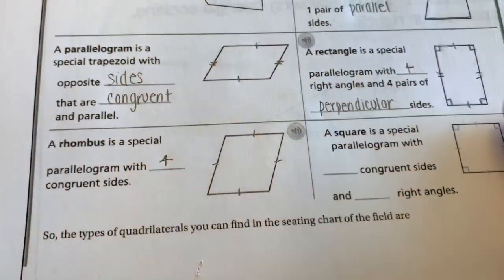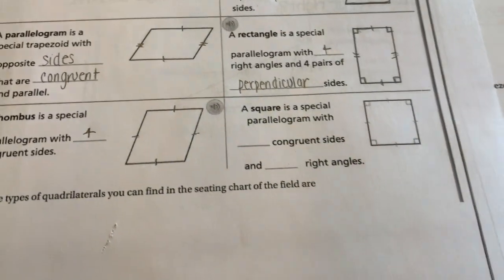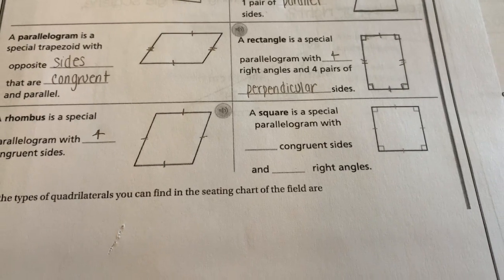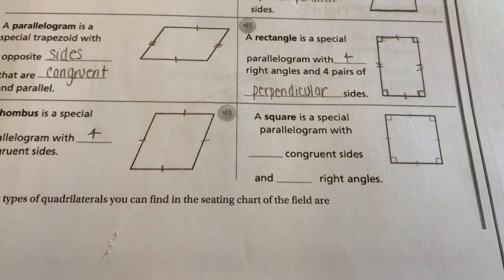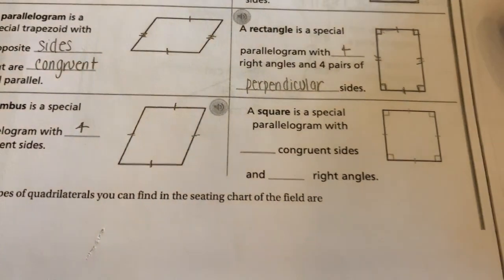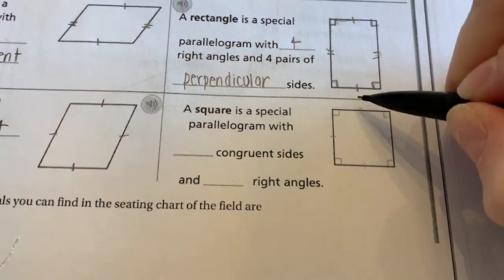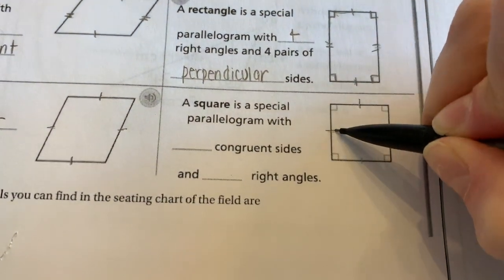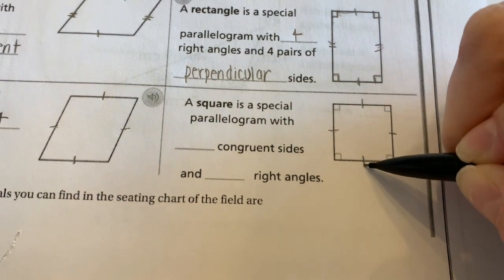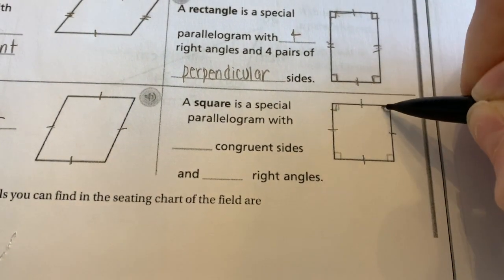And finally, a square is another special parallelogram. It's got opposite sides equal and opposite sides parallel. But this time, all 4 sides are equal and all 4 angles are right angles.